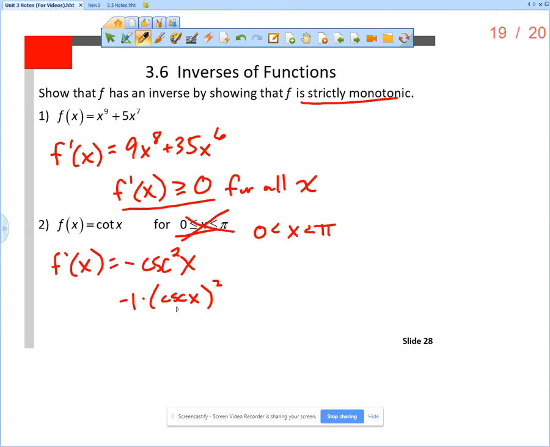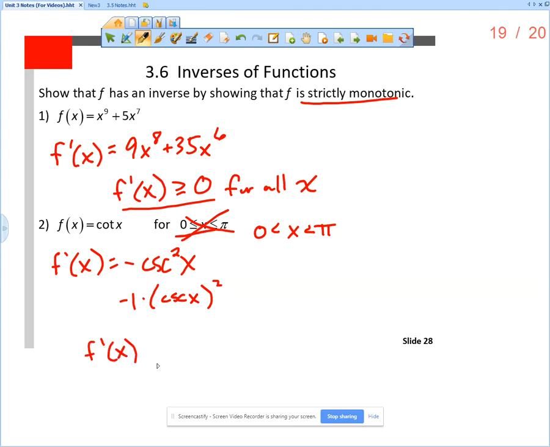But let's think about it. For any value of cosecant between 0 and pi, that would be quadrants 1 and 2. Remember, cosecant is the reciprocal of sine. So if I take sine in quadrants 1 and 2, what do we get? Well, we always get a positive, but we're squaring it, so it wouldn't really matter. If we're squaring it, it's always positive, and then times a negative. So what can we say?